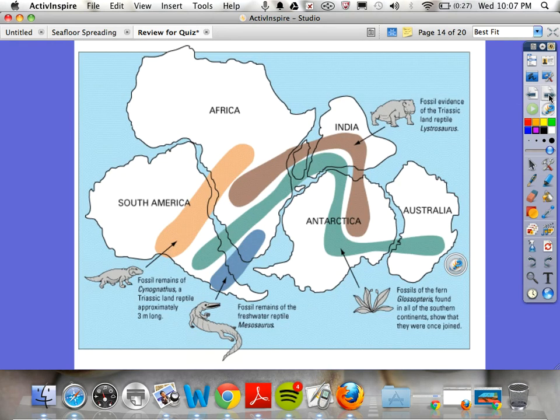Now we're going to move on to review continental drift. One of the most important evidences that Wegener used to support the theory of continental drift were fossil clues, and fossil clues give us both physical evidence and also climatic evidence.